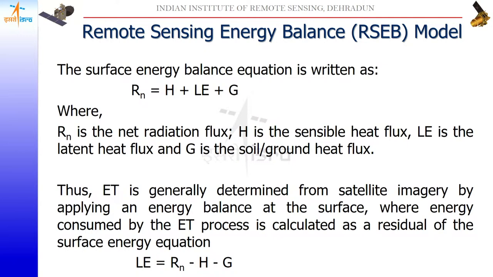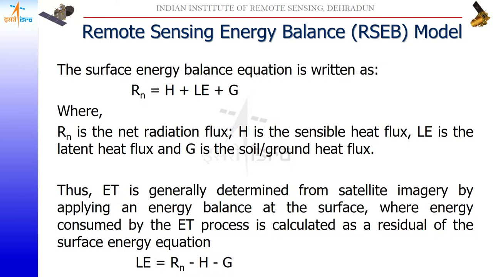Then comes the sensible heat flux, H. The sensible heat flux is the loss of heat, basically the flux, through the process of conduction and convection, while LE is the loss of heat or flux from the canopy as well as the soil surface, while G defines the heat loss or heat accumulation in the soil or the vegetation through the process of conduction.